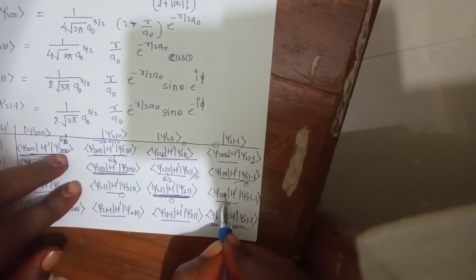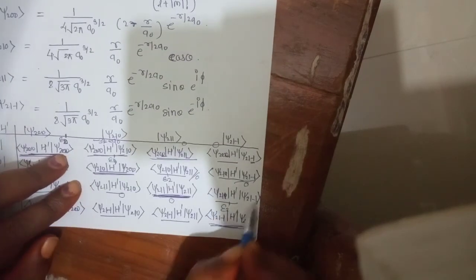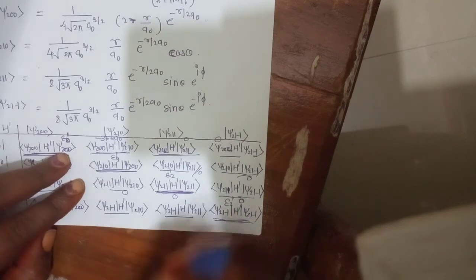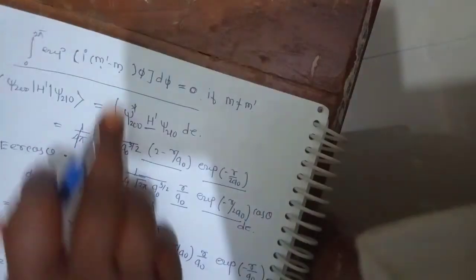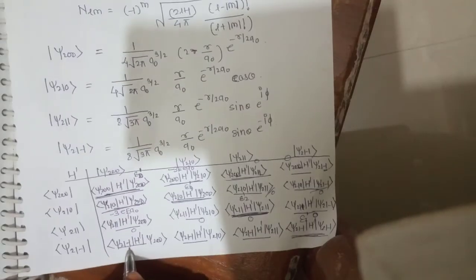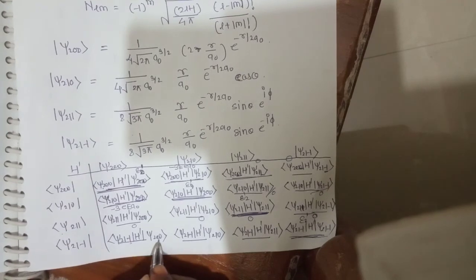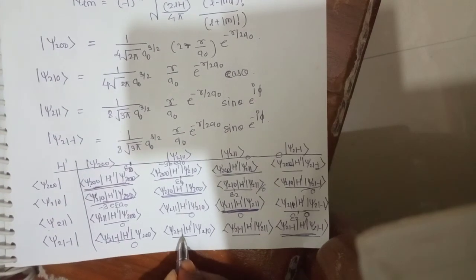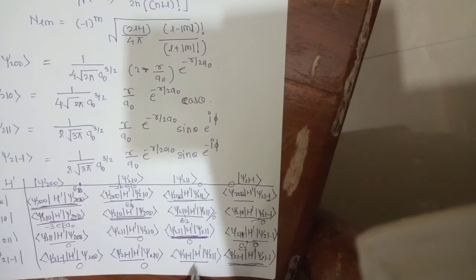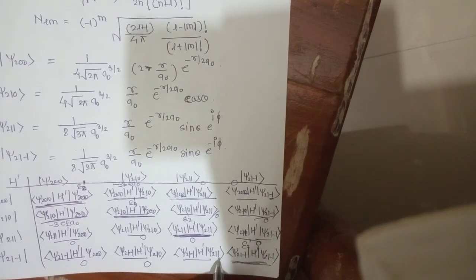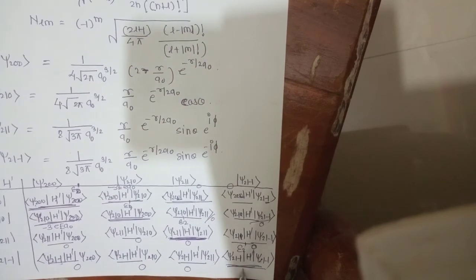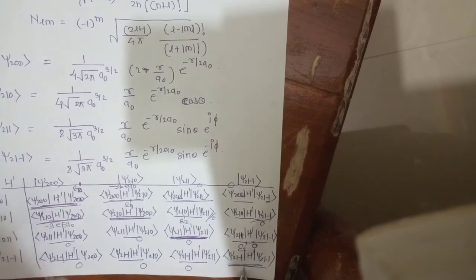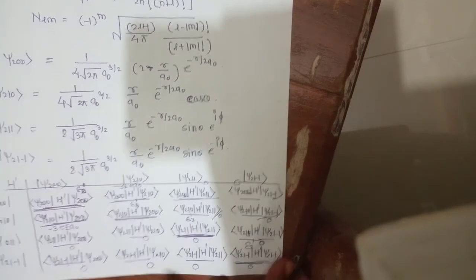Again 1 minus 1, m and m dash values are not the same, so we write here 0 with the help of that formula. Okay, so after m minus 1 0 0, minus 1 0 0, minus 1 plus 1, this will become 0, and it's a first order correction to energy which is 0 already.